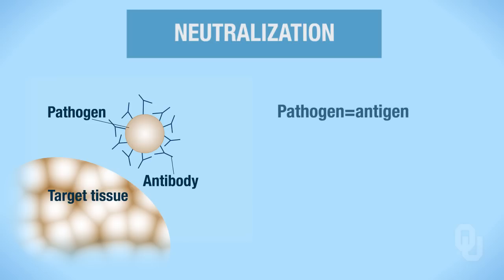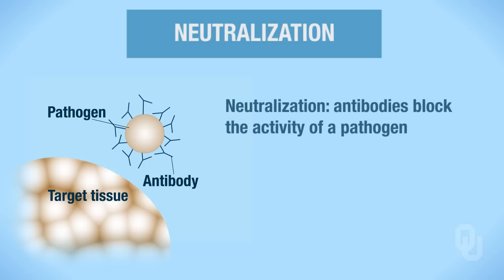So in neutralization, here you have your antibody, okay? And that antibody binds to the pathogen. Notice how many antibodies are bound to this pathogen. There's a whole bunch. Because you have all of these antibodies bound to the pathogen, that's going to block the activity of the pathogen.